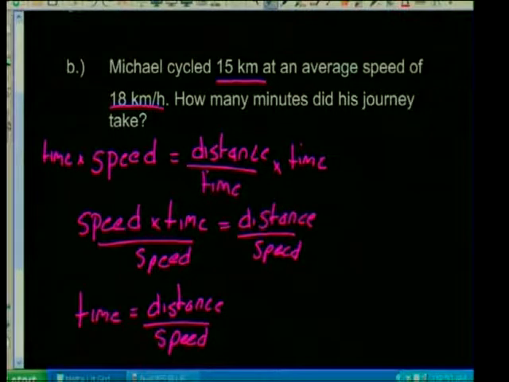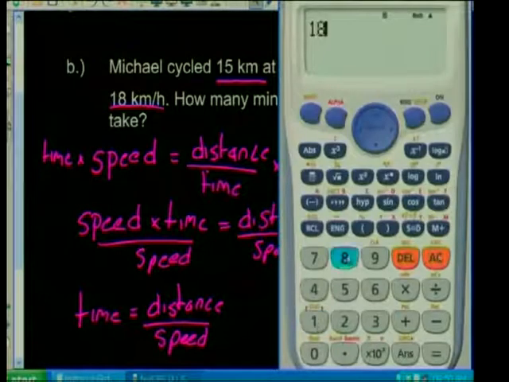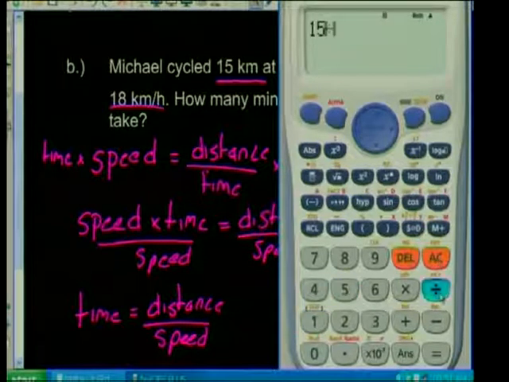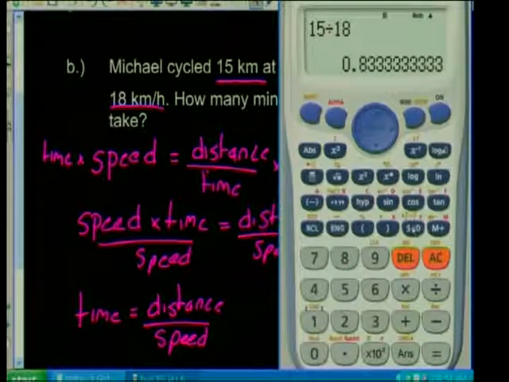Let me just show you. If I took it the other way around and said 18 divided by 15, I would have got an answer of 1,2. I know that is wrong because I've made sense of the answer. So it was the other one, 15 divided by 18, and I get an answer of 0,833 hours.